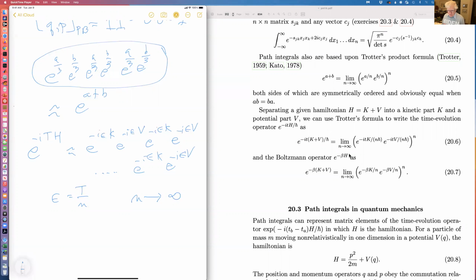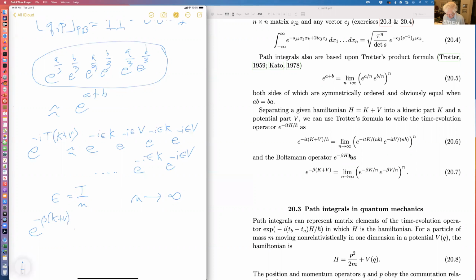For the Boltzmann operator, you just have e to the minus beta k plus v. Of course, here, what I should have said was, well, let me do it right. This isn't supposed to be h. This is supposed to be k plus v.